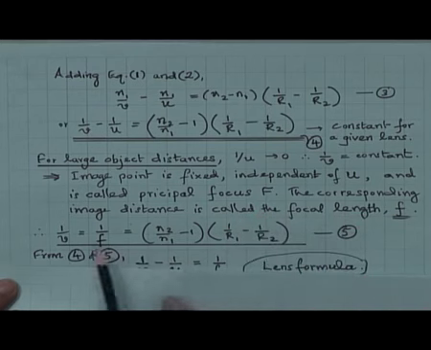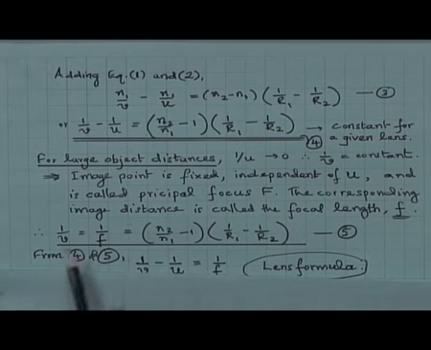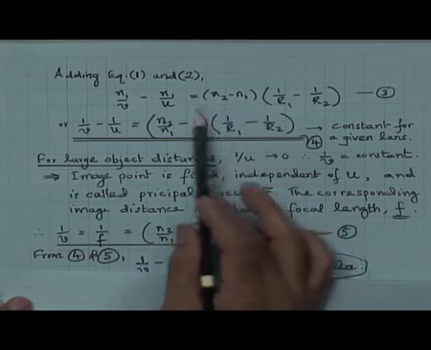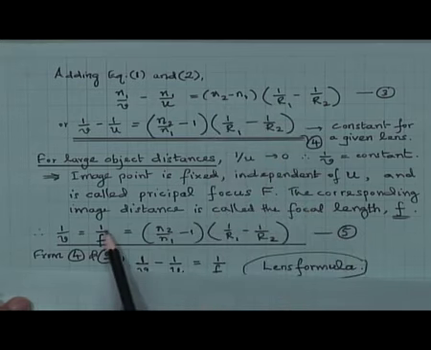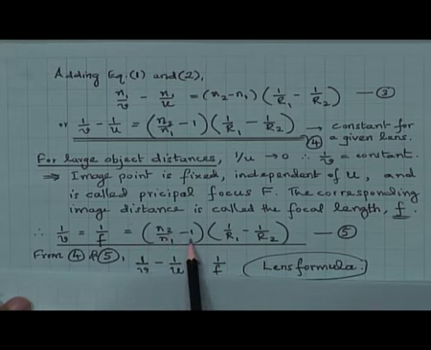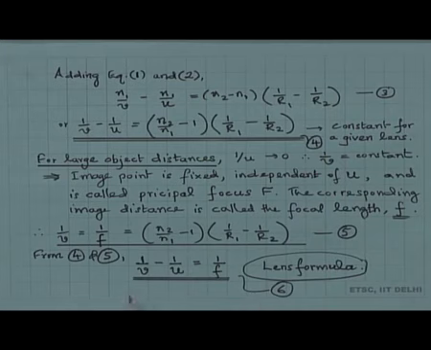The corresponding image distance is called the focal length, and therefore, 1 by v is equal to 1 by f. The constant on the right hand side is denoted by 1 by f is equal to n 2 minus n 1 minus 1 into this. From 4 and 5 we have 1 by v minus 1 by u is equal to 1 by f.